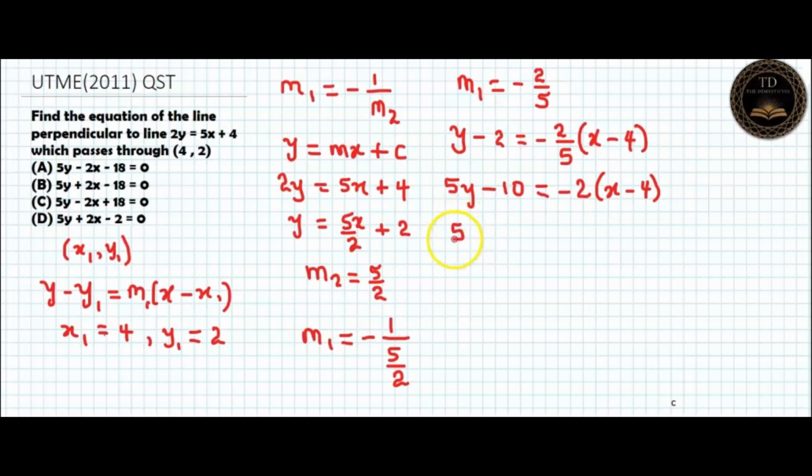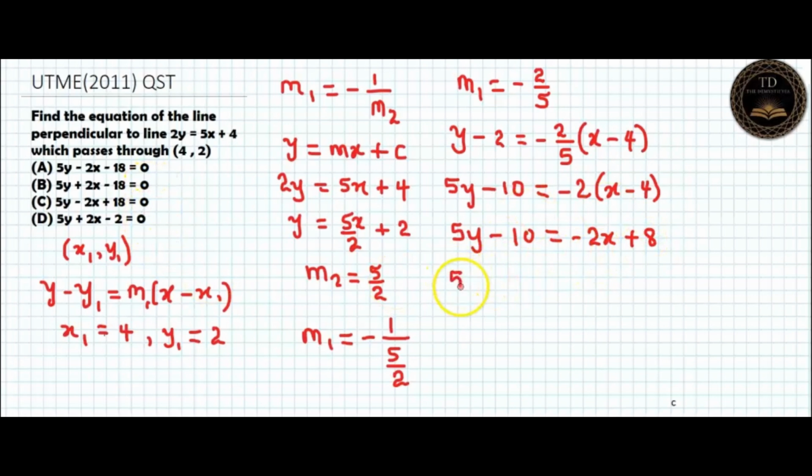And then we just go ahead and simplify this again. So we have 5y minus 10 equal to, I open up this bracket, I'll have minus 2x plus 8. Okay, and then I'll move my x over to the side. Now we have everything on one side and the other side is just 0, so we'll move everything to this left hand side.